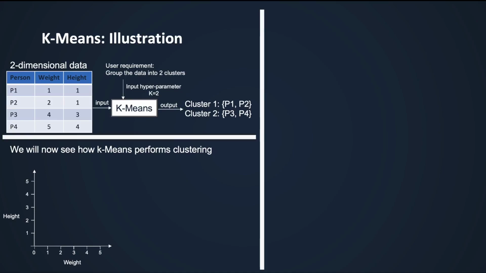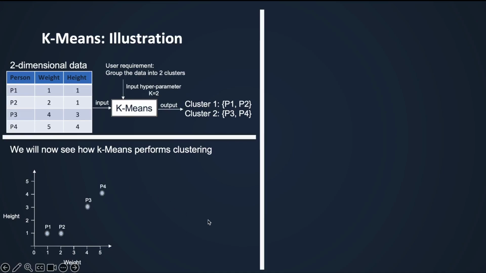The first person's height and weight are 1 and 1 respectively. Thus, we put a point at 1 comma 1. Similarly, we put a point at 2 comma 1 to represent person 2.